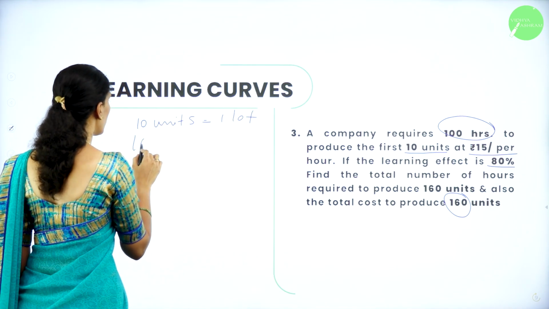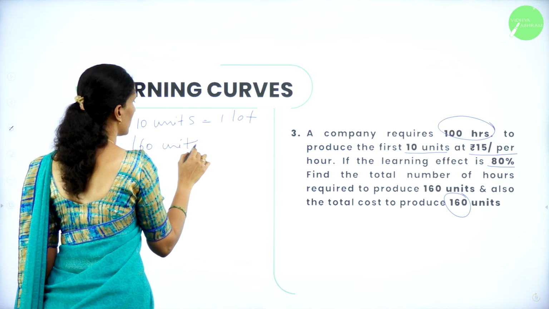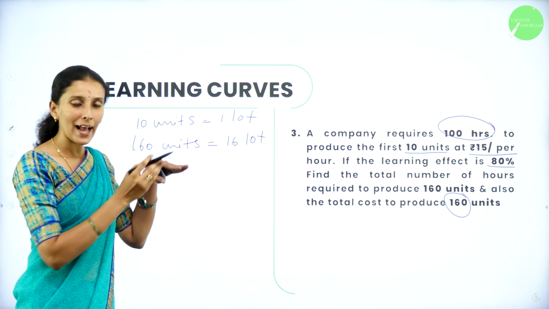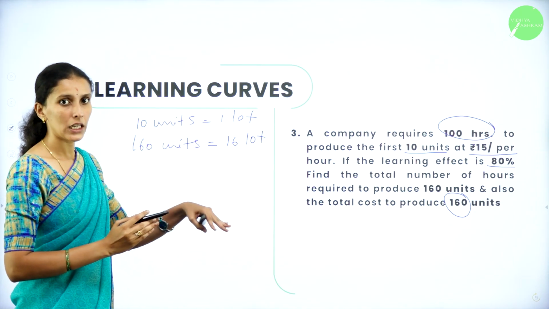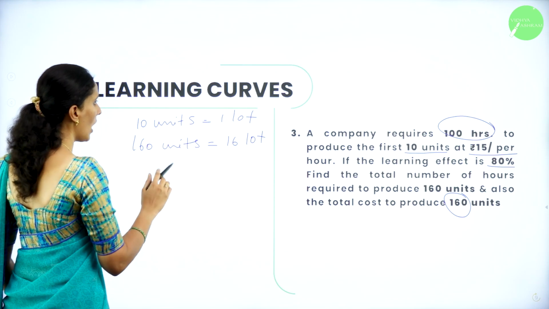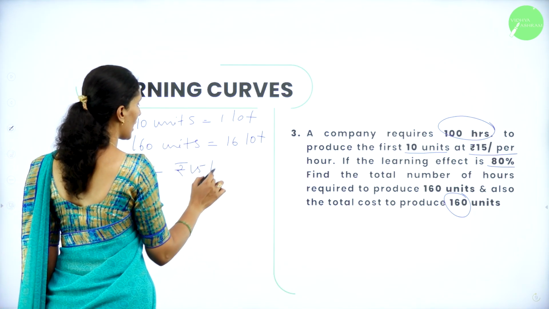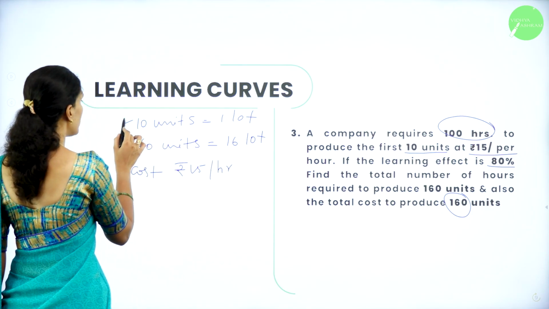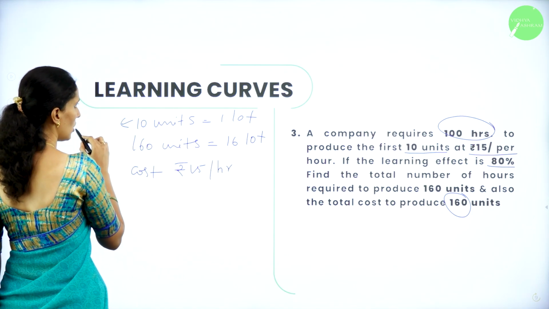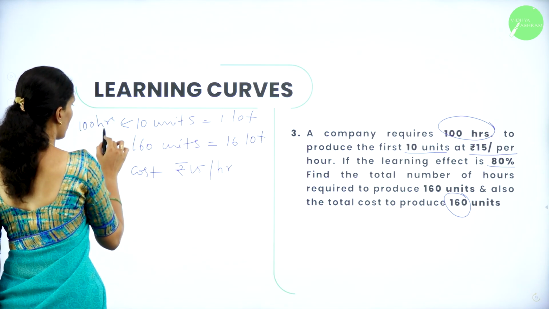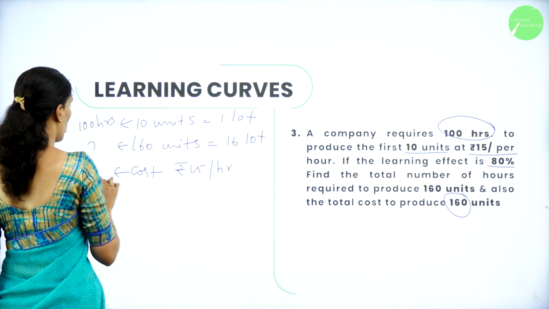So 160 units means 16 lots. So that means I can finish the table whenever I'll get the 16 in the total output. And also the cost is given, that is rupees 15 per hour. And the time taken to produce 10 units is 100 hours. We have to calculate the time for this and cost.